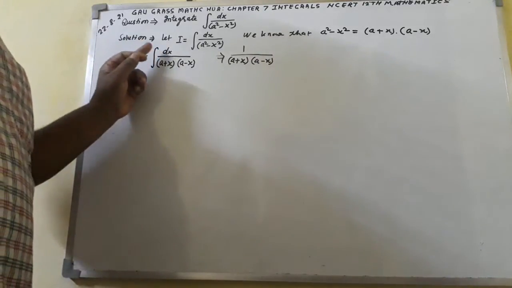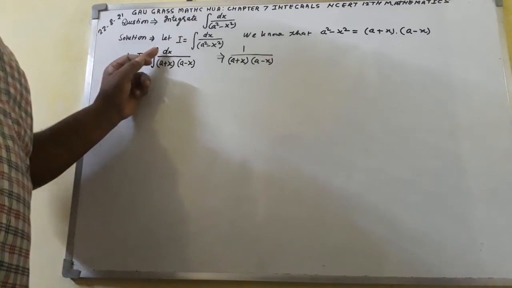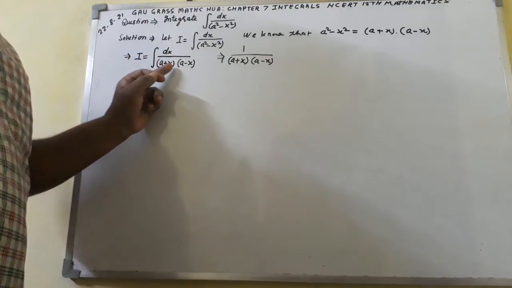That's why in the numerator you will get only 1 over a plus x dot a minus x.